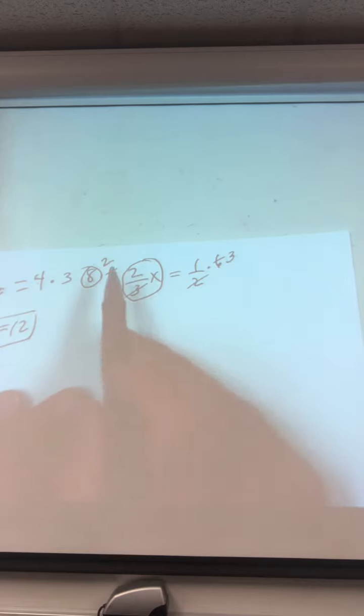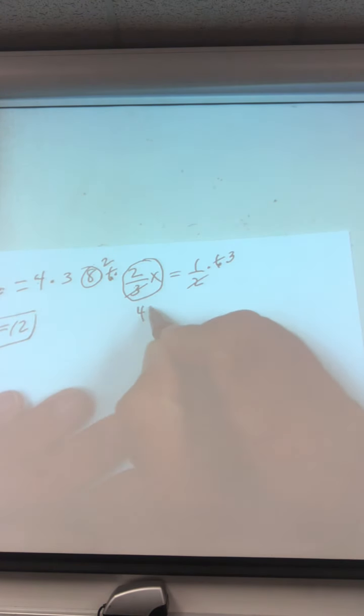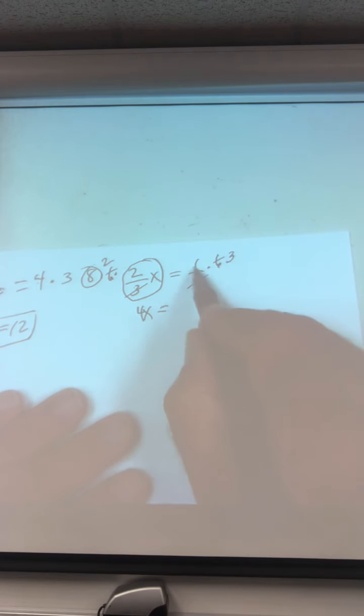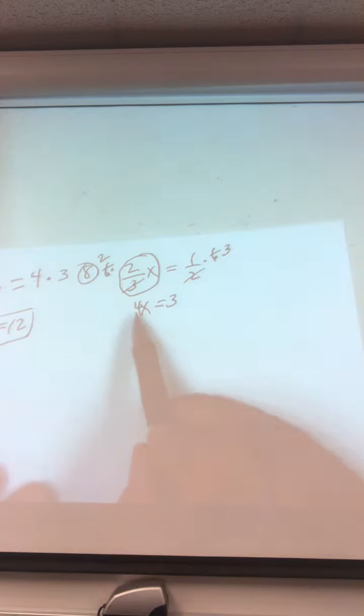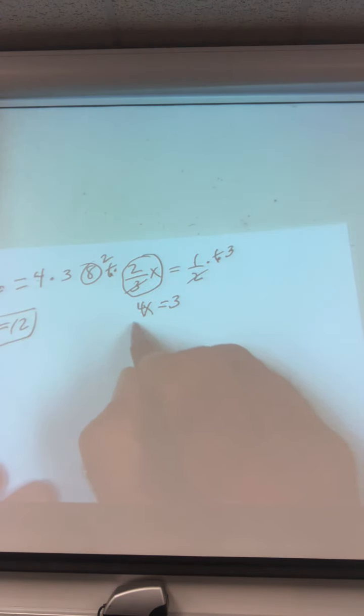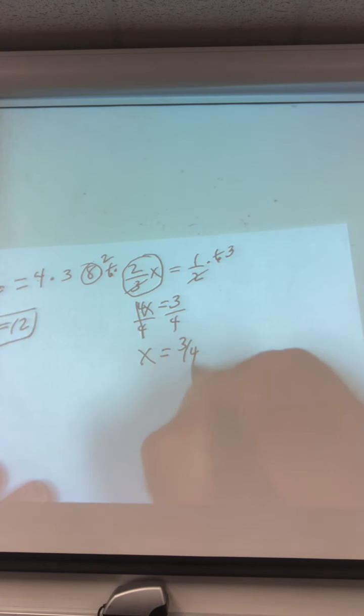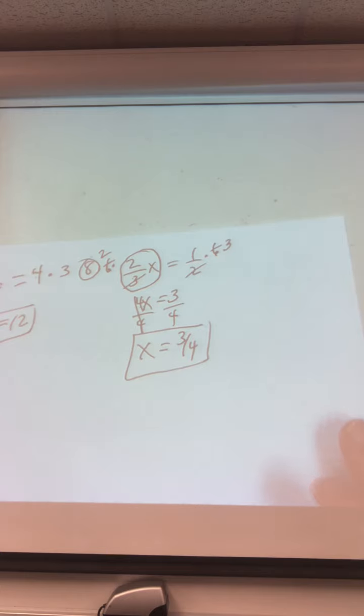So multiply what's left. 2 times 2x is what? 4x equals 1 times 3, which is 3. And there it is again, ax equals b. Divide by the number in front of x, unless it's 0. So I get x equals 3 over 4. And that does not reduce.